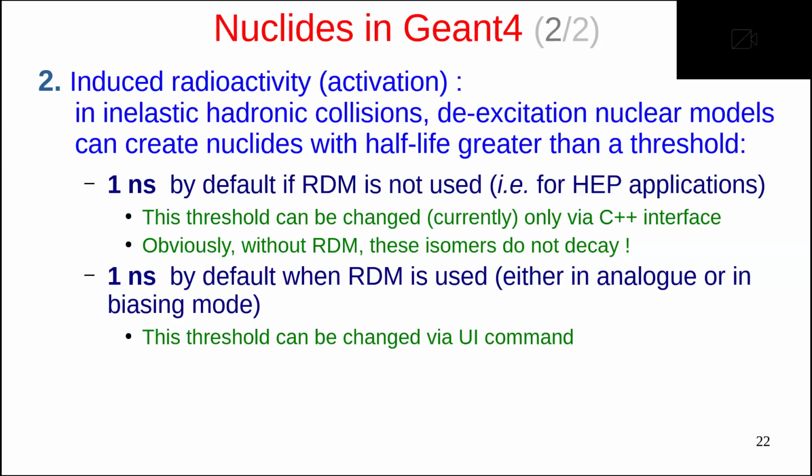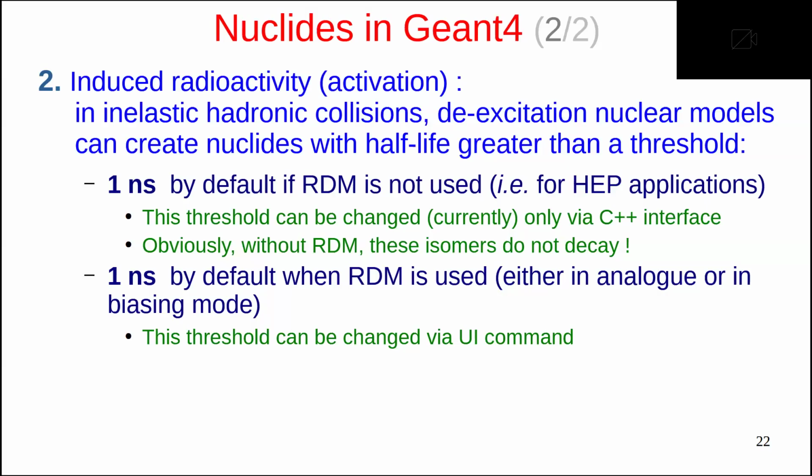And by default, essentially, this nuclear de-excitation model can create nuclides with a half-life greater than a threshold, which is 1 nanosecond. There is a difference whether radioactive decay is used or not regarding the way to change this 1 nanosecond threshold.